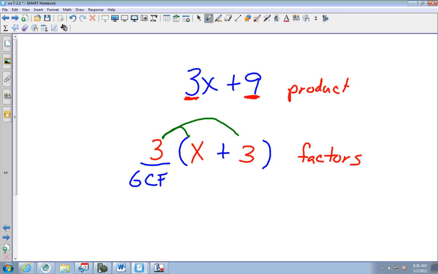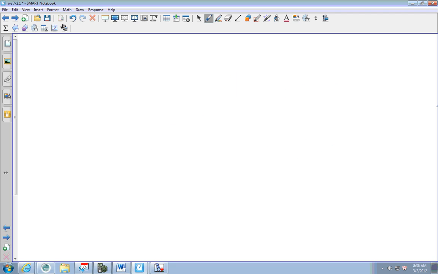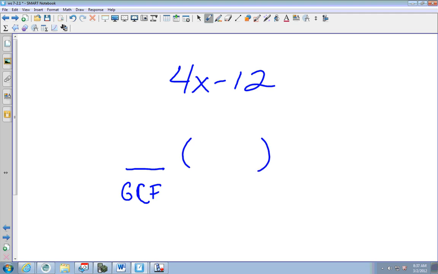Let's try something else here. What about this? GCF, and let's put what's left inside the parentheses. Right here, what's my greatest common factor in these two?